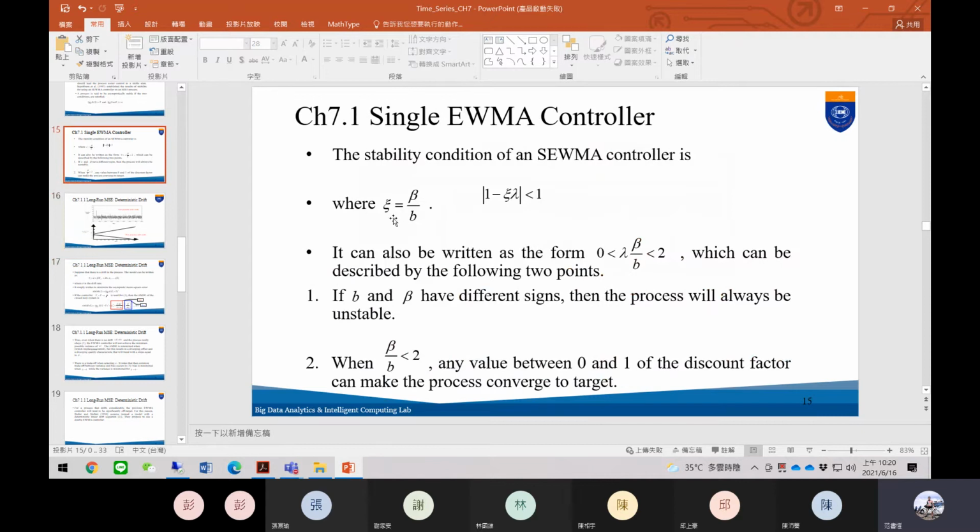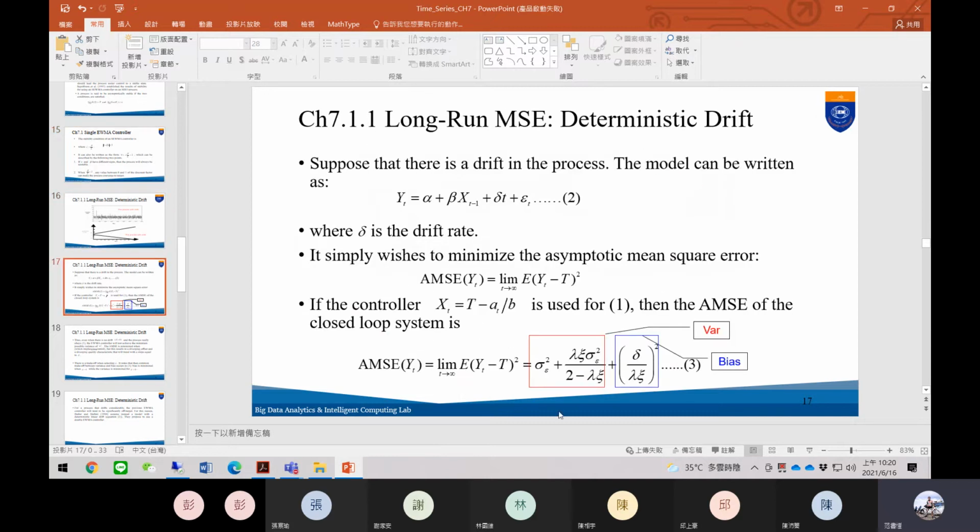If b is exactly equal to beta, then psi equals 1. Then the variance is 2 minus lambda over 2 minus lambda sigma squared, and the bias is delta over lambda squared.